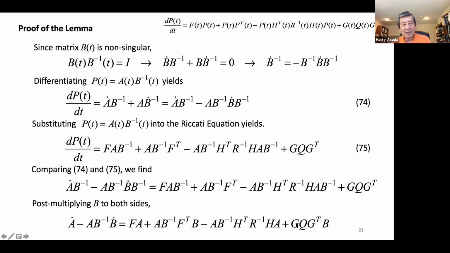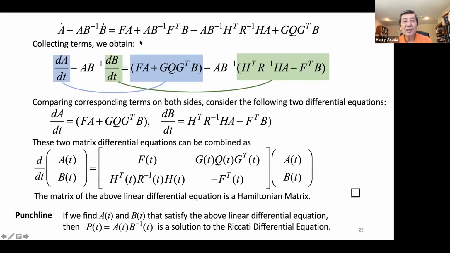Okay, now the interesting trick is, so this is the last line. Now we factor out A B inverse from the right-hand side, because on the left-hand side we have A B inverse, right? So from the right-hand side too, we factor out the A B inverse. So two terms are combined here, right? This one has no A B inverse. So here's the trick.